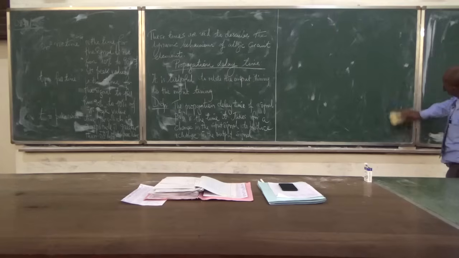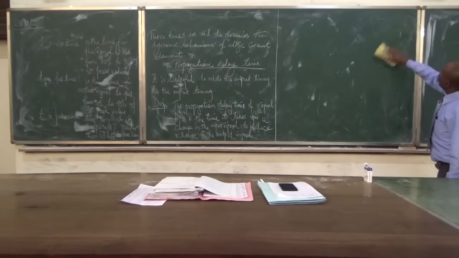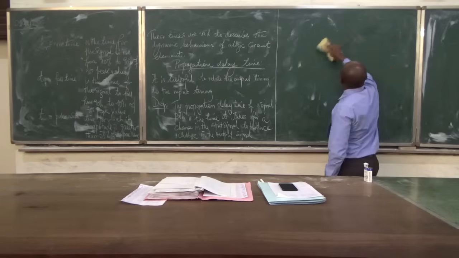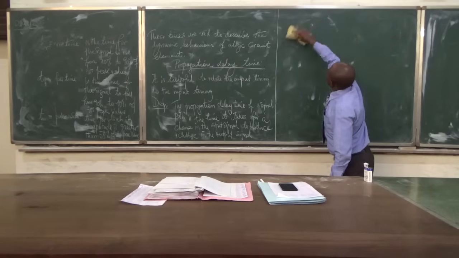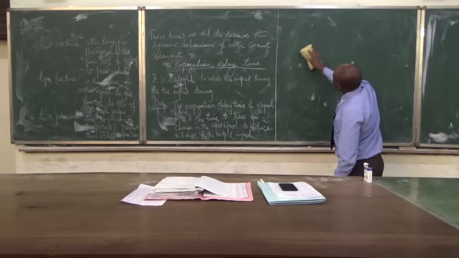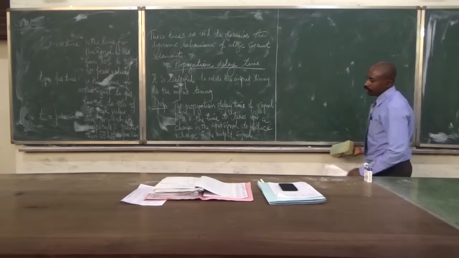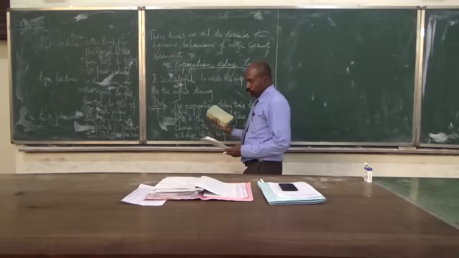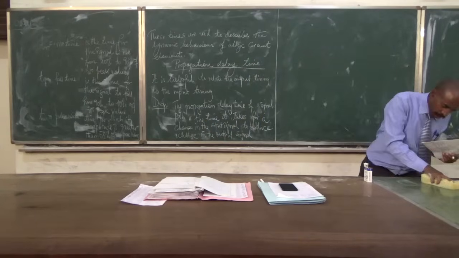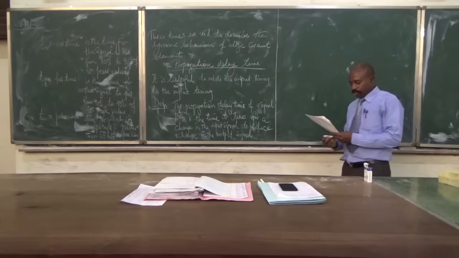So it does not relate that easily, but by definition it is when you have a change in the input, and it should be able to cause a change in the output.